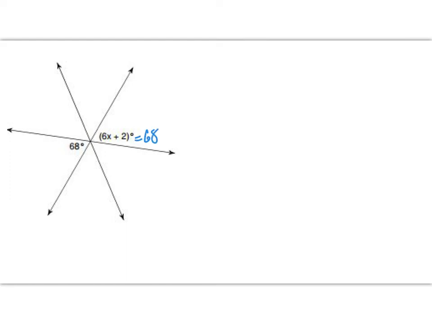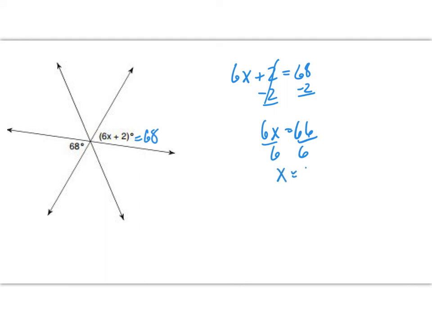And that sets up my equation right there. 6x plus 2 is equal to 68 degrees. Subtract 2 from both sides. My 2's will cancel and leave me with 6x equals 66. Divide both sides by 6. I get x is equal to 11.